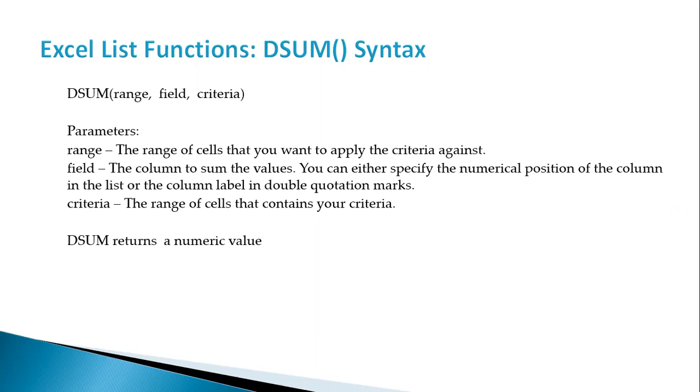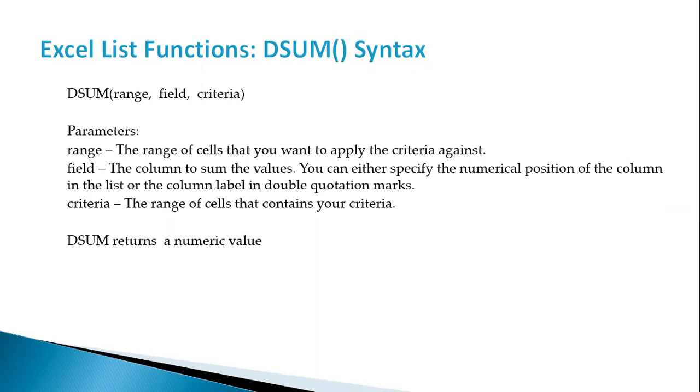Remember, as we were going through lists, every column has a header, and it's the column headers that we will use to extract the field whose values are to be summed. The third parameter is the criteria, and in that parameter you just feed the function the range of cells that contain your criteria.